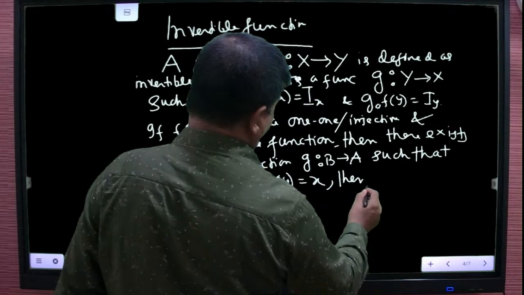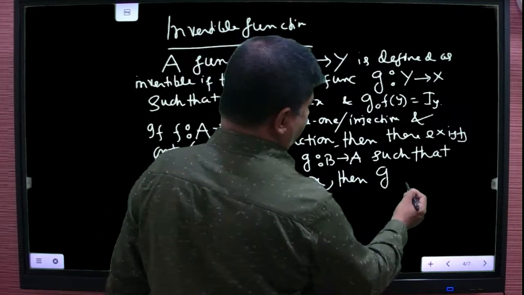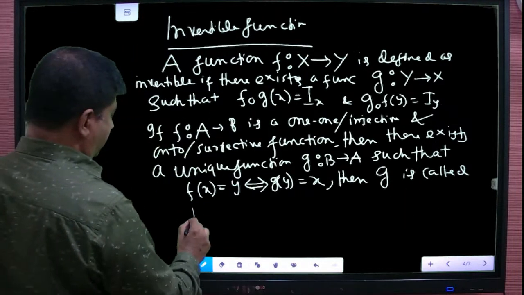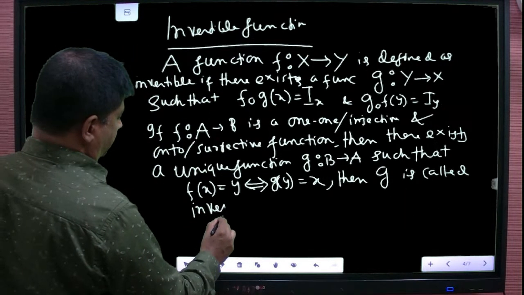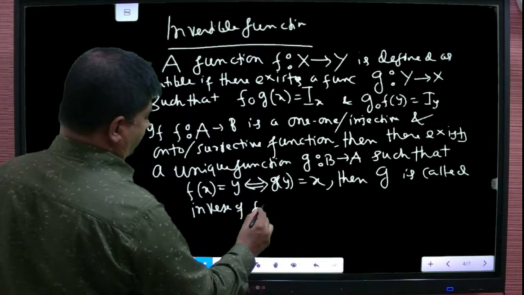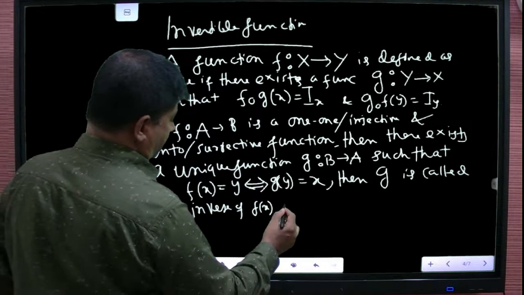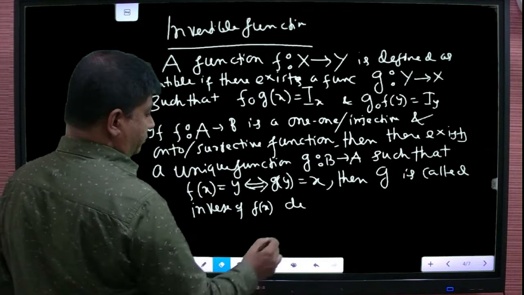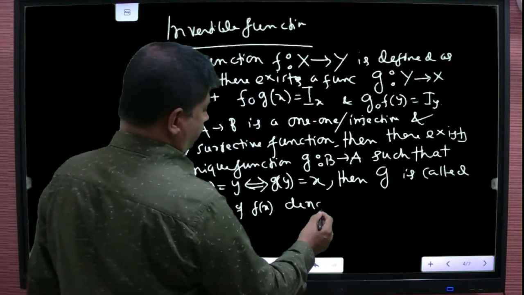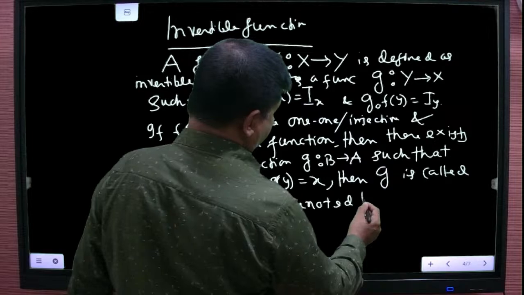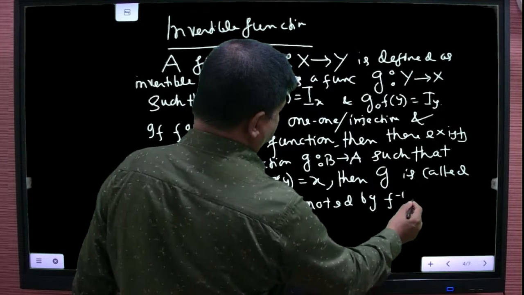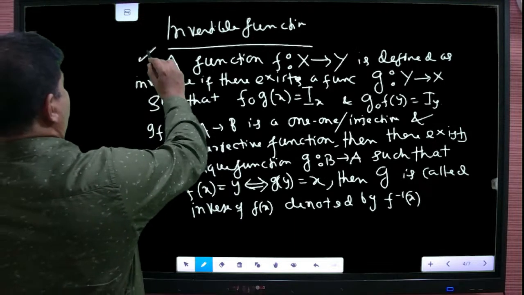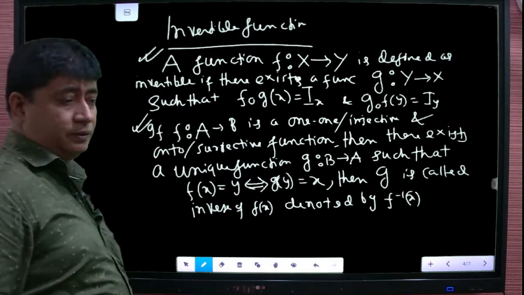Then g is called the inverse of f(x), denoted by f inverse x. Okay. So these two definitions depict the same thing.